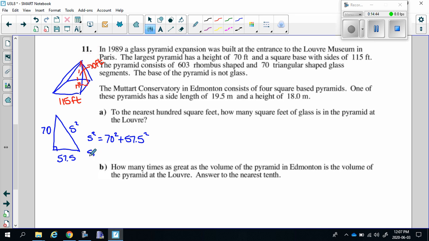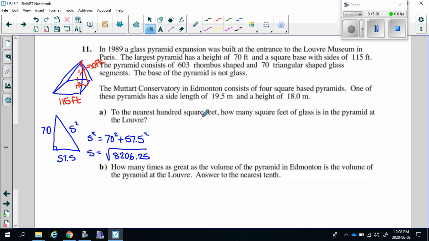Now with the magic of having done this on a separate sheet, my side length is going to be the square root of 8206.25. Now, I'm not taking the square root of this. I'm going to worry about it later. It'll help me with the rounding later on, okay?